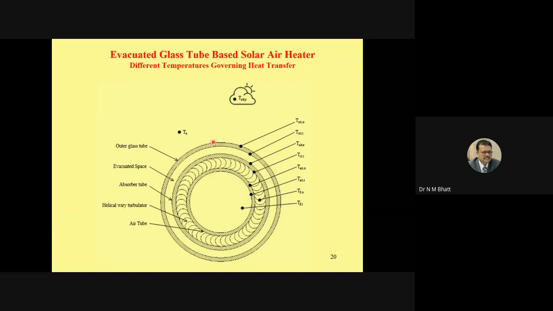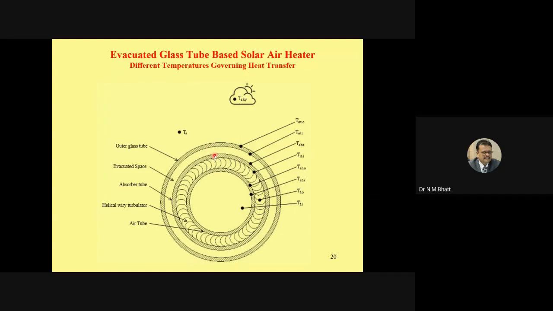Let's say we have 90% transmittivity, so 90% of the radiation would be transmitted, and depending upon the absorptivity, a certain amount of radiation is absorbed. So this absorption of solar radiation and the re-radiation from the absorber tube increases the temperature of the outer glass tube above the ambient temperature.